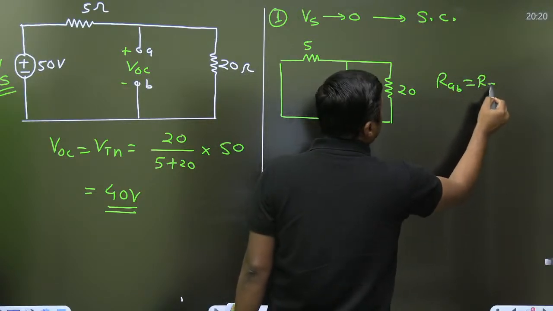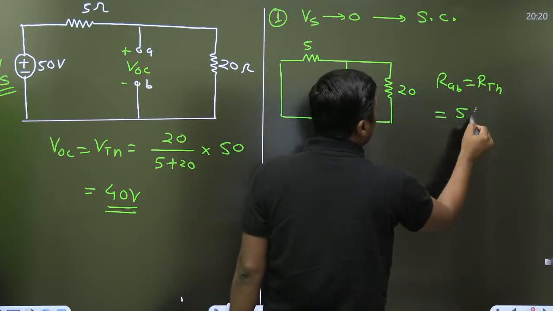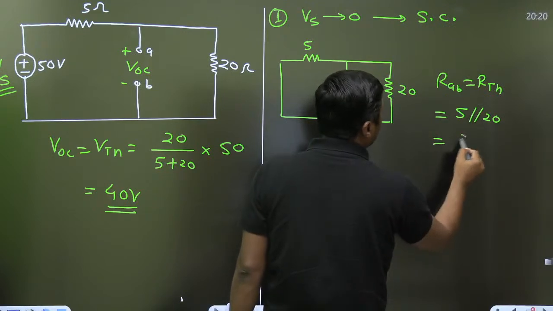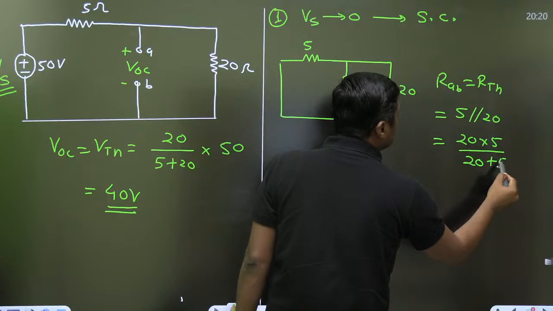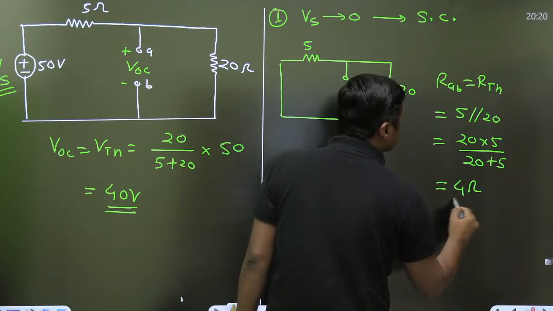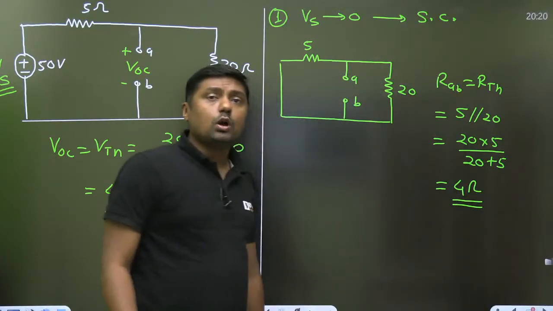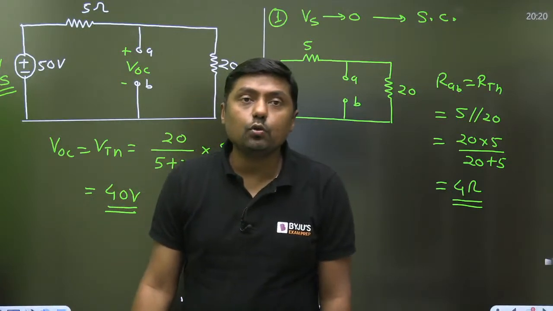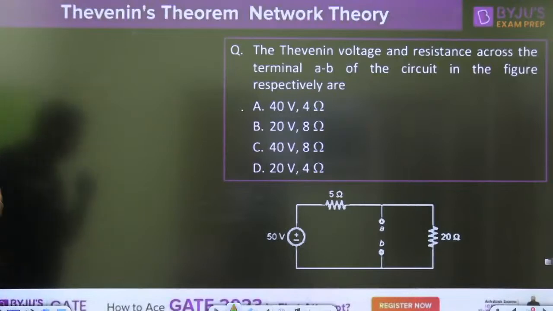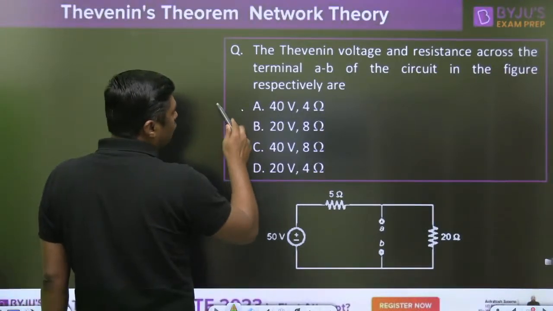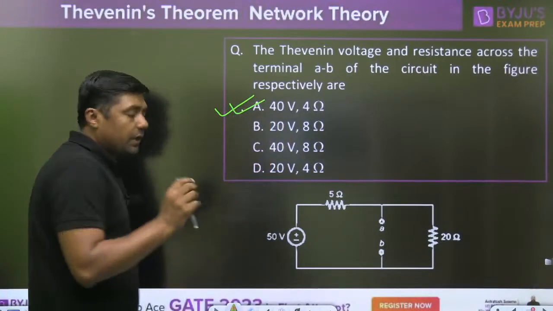That is nothing but RTH equal to 5 parallel with 20, that is 20 into 5 divided by 20 plus 5, which is nothing but 4 ohm. So the answer is 4 ohm. Yes, very true. So that is 40 volt and 4 ohm. A is the option.